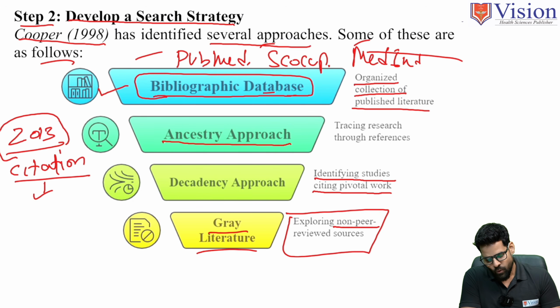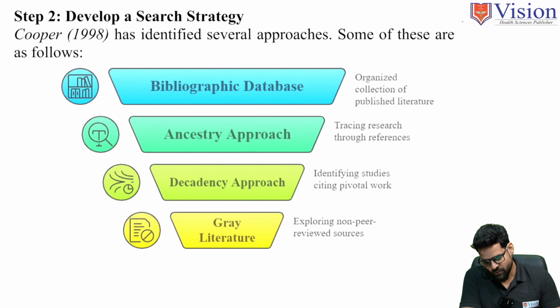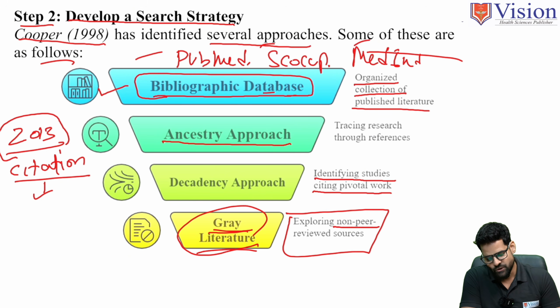Now, why do we need that? It is not good literature actually. I'll tell you a very important reason. You might have seen that most of the studies published in good journals are the ones with significant results. Usually studies with non-significant results are not published.